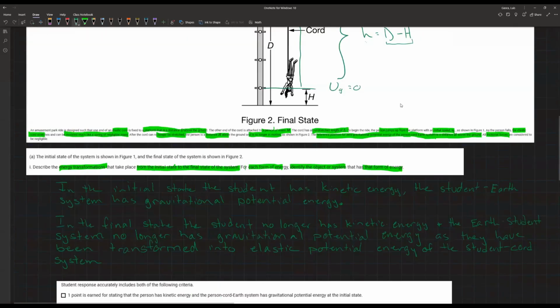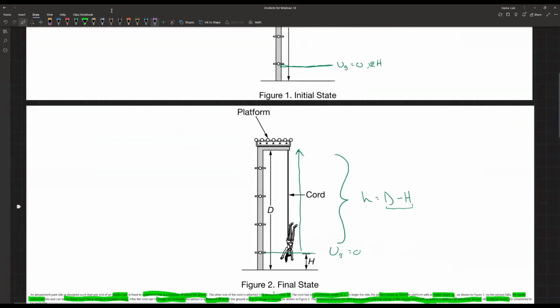Okay. So normally, let's just try to visualize it. They don't tell us how long that is, but it's going to be shorter than the full stretch of the cord. So let's say this is the original length of the cord, if I were just to let it hang from the bottom of the platform. Now from here, it's going to stretch this much.